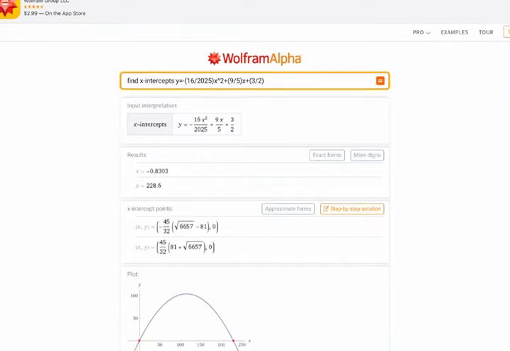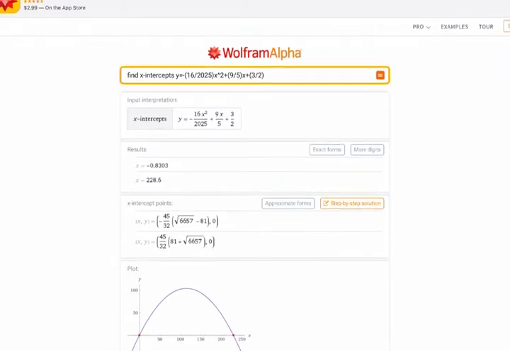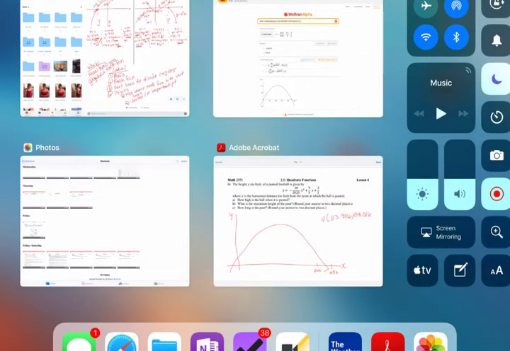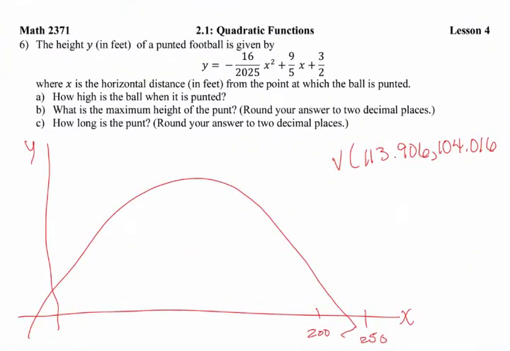Okay, so there are the approximate forms. And now I'm going to go back and I'm going to write them down. Negative 8.303 and x equals 228.6.